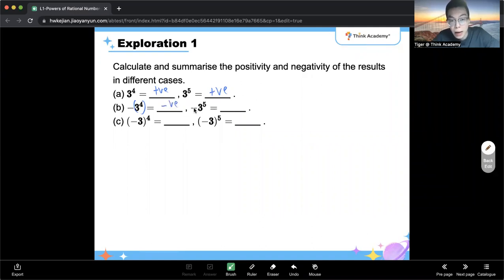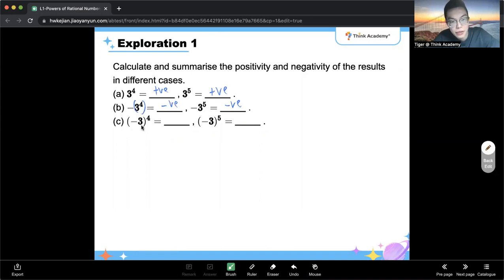What about -3 to the power 5? Is it positive or negative? Yeah, that's right. I can see that you are getting the correct answer. Most of you are. Well, so far I didn't see anyone saying positive here, which is definitely right. Because again, it doesn't have any parentheses, which means that it's going to be negative. Good.